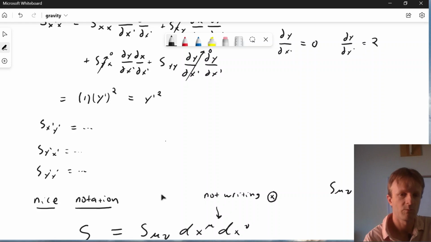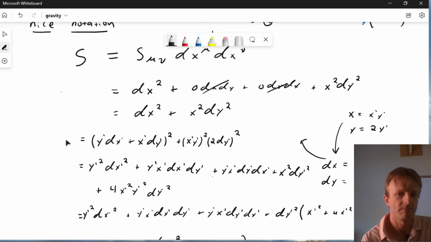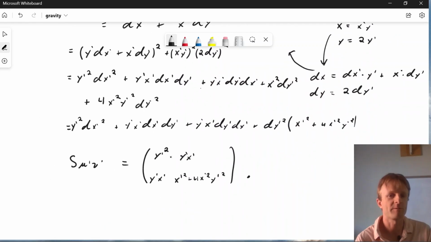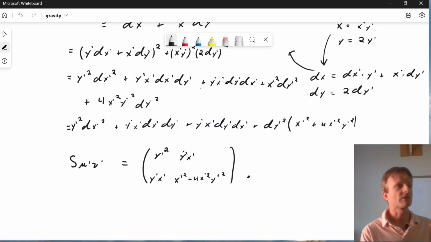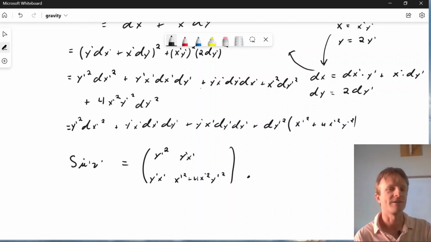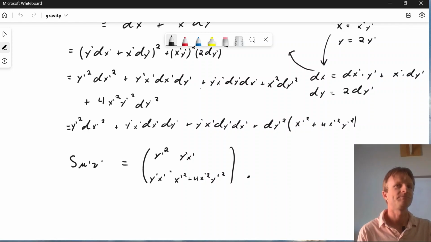But when we did it all with the nice differential notation, we got the y prime squared in the x prime spot, and we got all the other ones too. Generally speaking, the most common tensor you're going to transform is the metric tensor, which we'll talk about next time, maybe a little bit today, which has 2 downstairs indices just like this and is actually symmetric just like this. And you will want to do the transformation this way to save yourself some calculation.